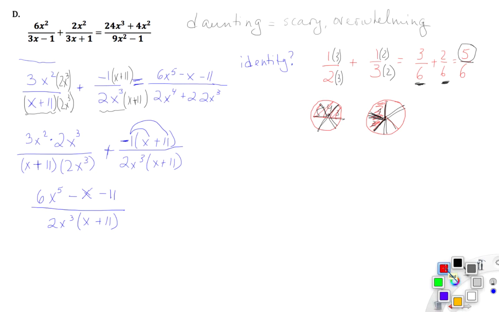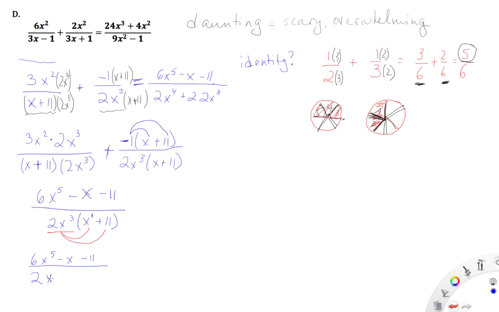Now, we need to simplify the bottom. There's nothing I can do in the numerator, but I can take 2x to the third power and distribute it to x and to 11. Here's what I get. 6x to the fifth minus x minus 11. And on the bottom, I get 2 times x to the third times x to the first. So I have 3 x's and 1 more x.